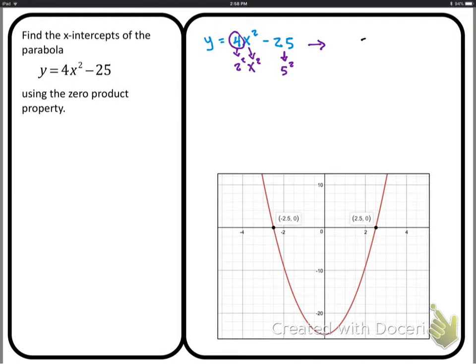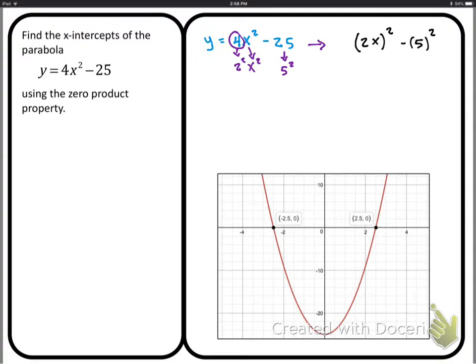So I can rewrite this as (2x) squared minus 5 squared. I have a perfect square on the left side and a perfect square on the right side. I still have the same values, because that 2 gets distributed into both, so 2 squared x squared is 4x squared, and I have negative 25 on the right side.